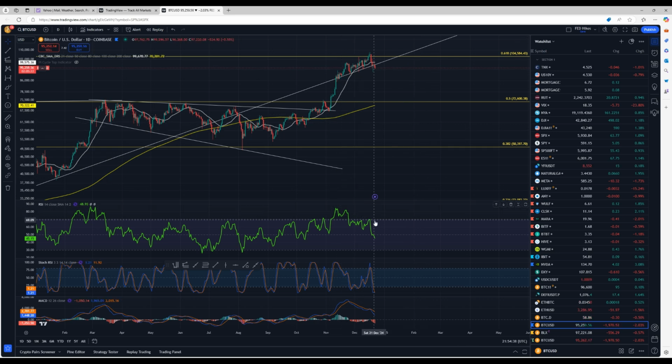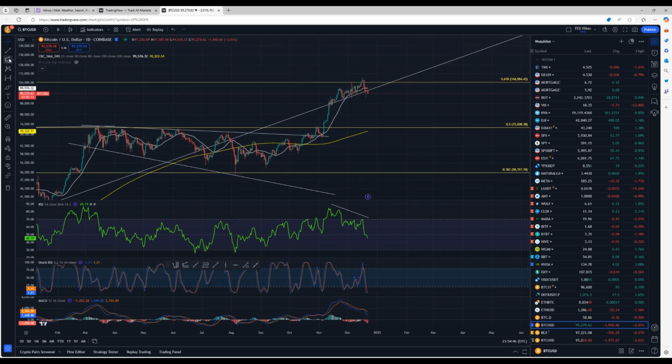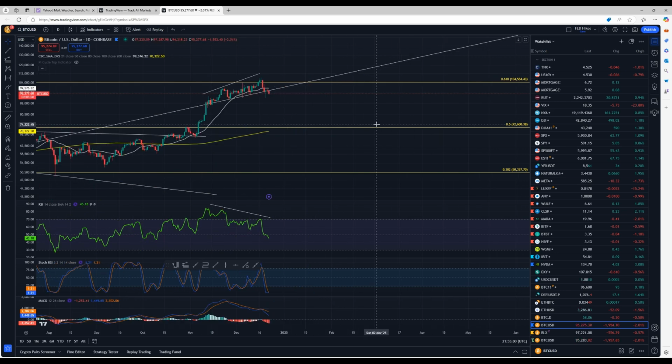This looks like shit on the daily here. Look at that. I mean, as if we didn't know this was going to happen. Bearish divergence is playing out. The 618 right here, wicked above it. Look at the little candle right there.